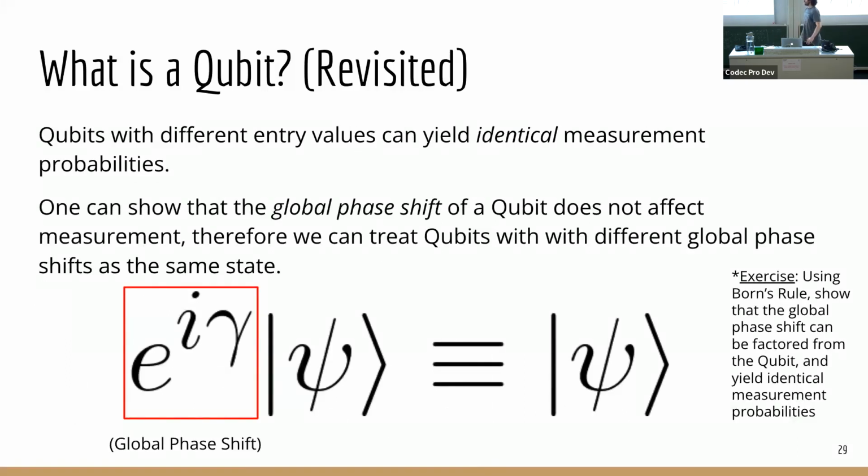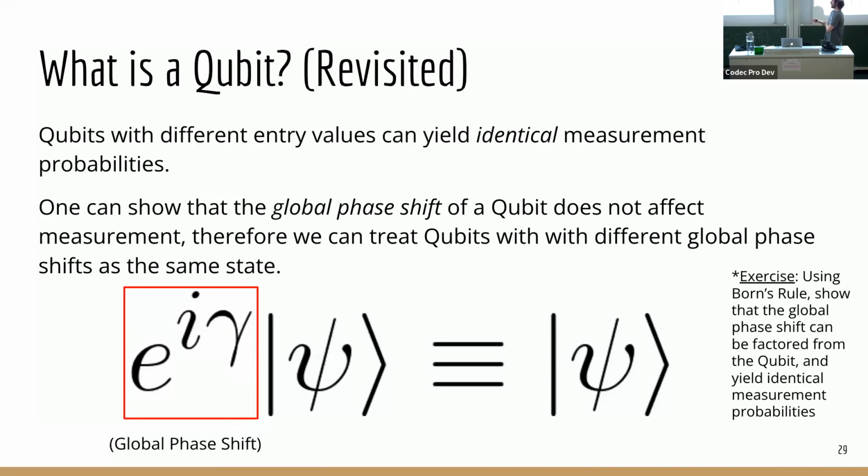However, there is more to this story because there are classes of qubits that have different entry values which can yield identical measurement probabilities. What you can show is that a global phase shift, which is here written as e to the i gamma, will not affect measurements.